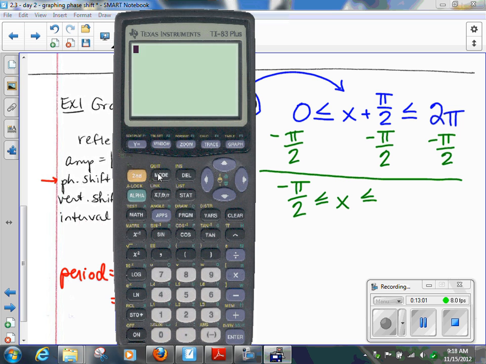All right. Now, if fractions give you a fit, you're going to use your calculator. And we're going to take 2 and we're going to subtract what from it? 1/2. How do you know it's 1/2? Because it's 1 pi over 2, correct?